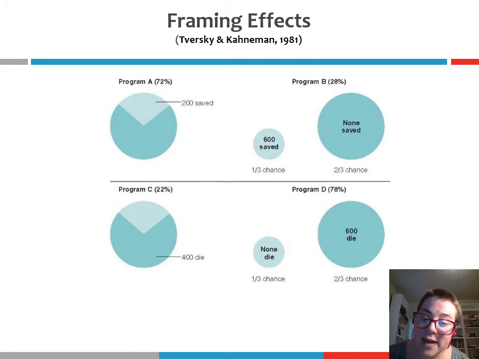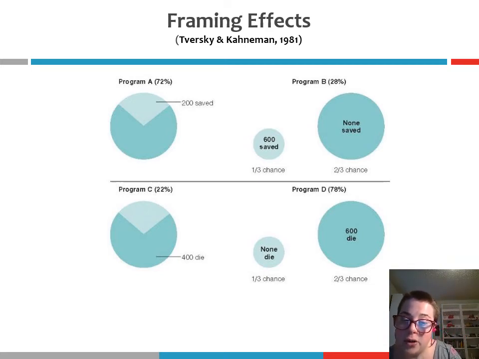Okay? And another way of saying they want the outcome to be as certain as possible is they're adopting a risk aversion strategy. Okay? So they don't want to risk any people. They want the most certain strategy. Right?